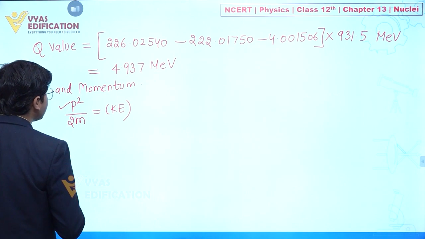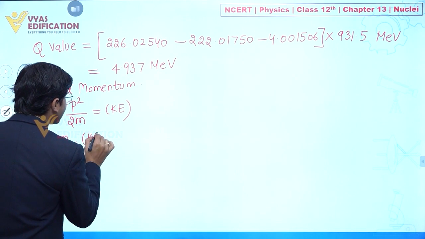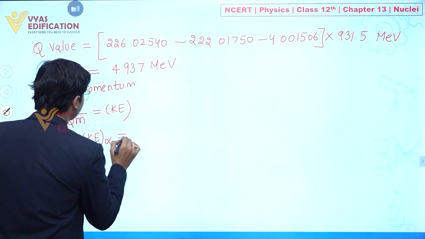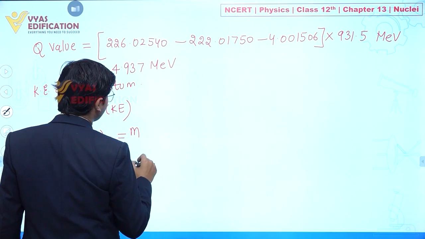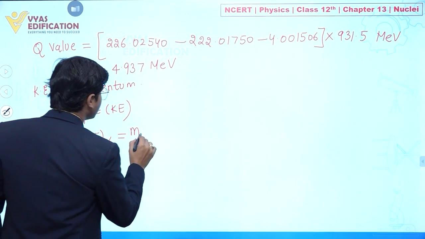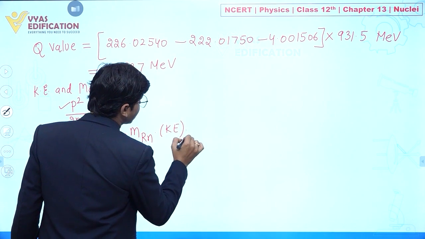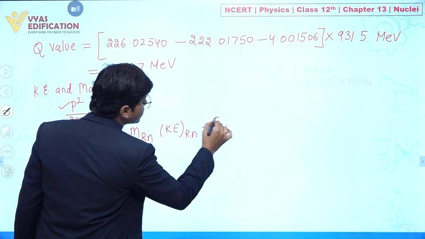Clear? So directly can I write like this: mass of alpha particle times kinetic energy of alpha particle should be equal to mass of radon times kinetic energy of radon. Let's suppose this is equation number 1.